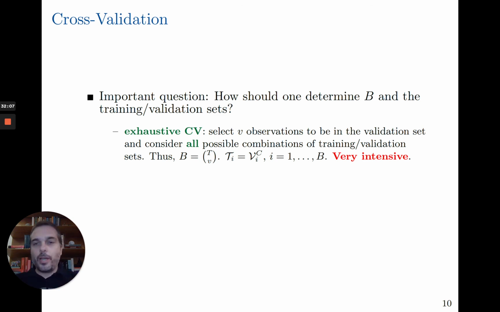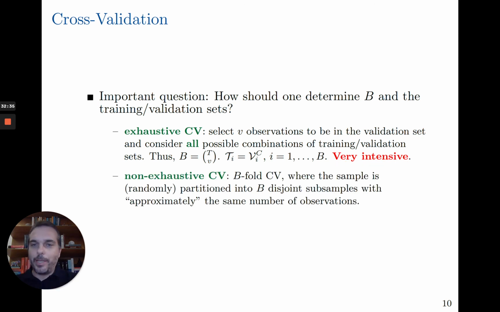So the number of validation sets will be this binomial T choose V. Okay? The problem is that it's really, really intensive. Of course, you can parallelize that, and with cloud computing you can do it, but it's too complicated, and the payoff is not that big.